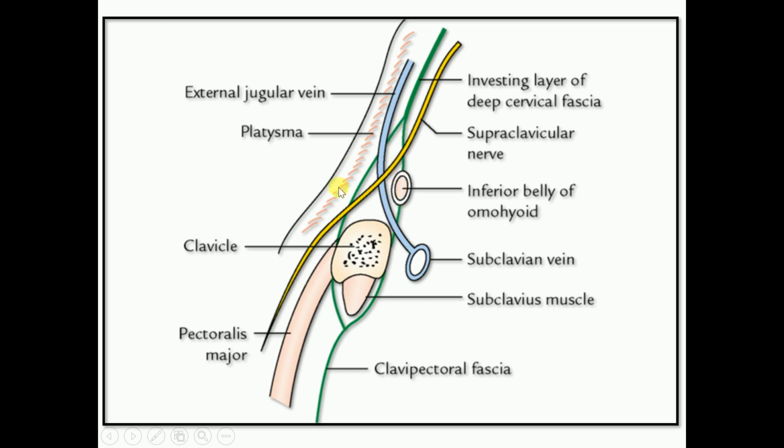So this green line is the anterior and posterior layer of the investing layer, and that encloses the supraclavicular space. Now the posterior layer also encloses the inferior belly of omohyoid. Then it attaches on the posterior aspect of the clavicle, and that continues with the posterior layer of the clavipectoral fascia.